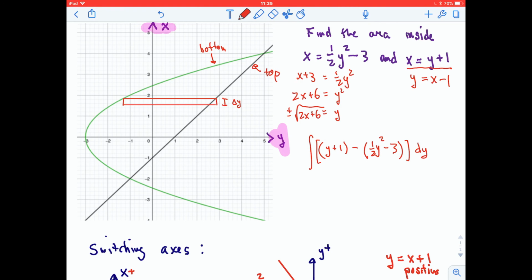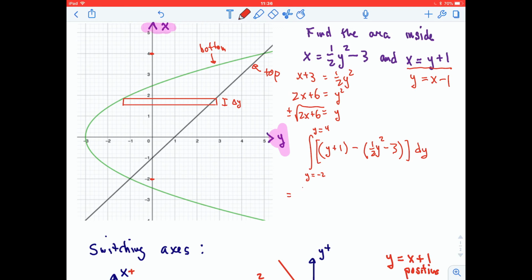Since we're integrating with respect to y, our limits of integration are going to be from y equals -2, that's this value right here, where the region starts, to y equals 4, where the region ends. And so you see now we have a single integral that we can evaluate in order to get this. And this is something that we can evaluate without too much trouble.